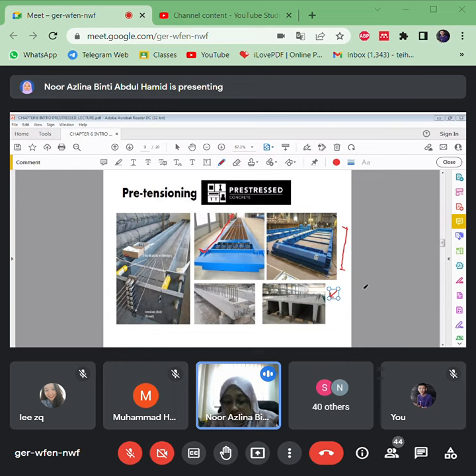So that means there will be a limitation on this one. But at the same time, it's quite easy because we just order the sizes and shapes from the factory, and then they will bring all the structure, and we just assemble all the parts at the site here.